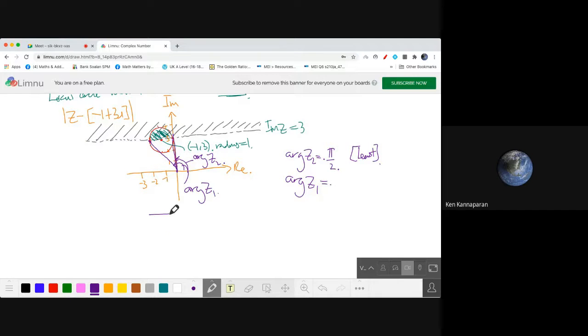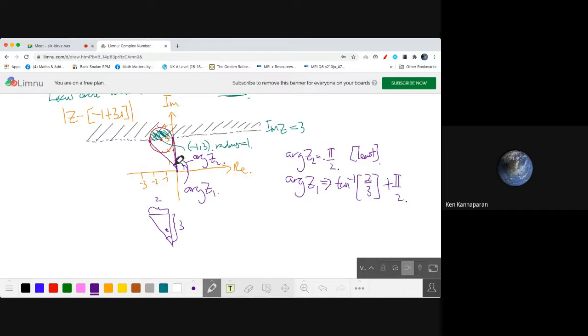You have a triangle like that. What is this distance? 2. And what is this? 3. So therefore tangent: argument z1 will be the arctangent of 2 over 3, and then plus pi over 2, isn't it?